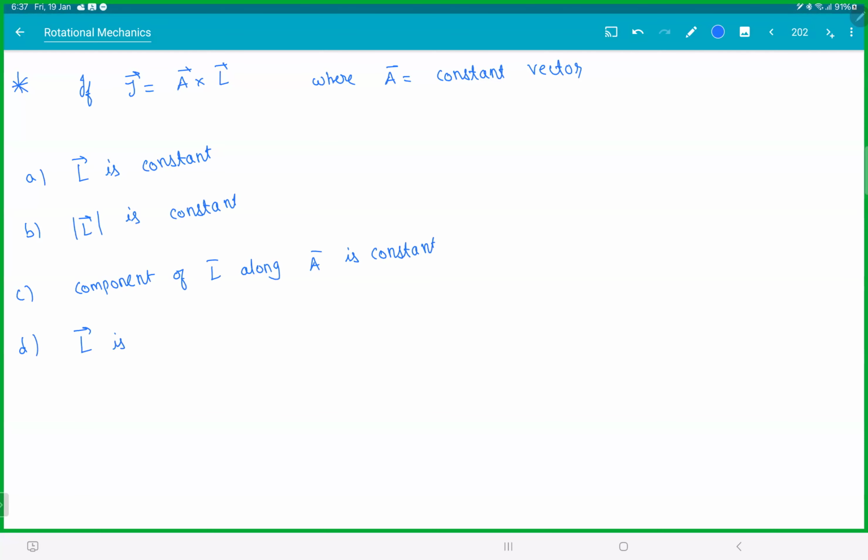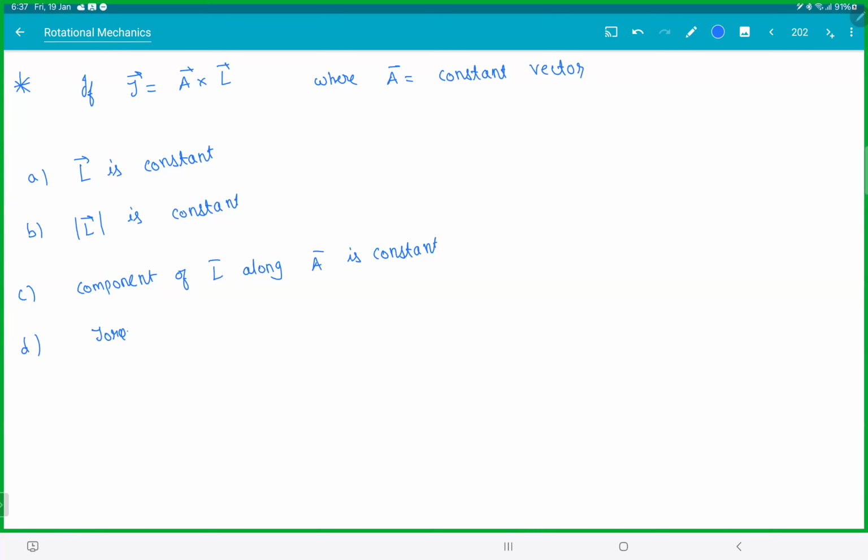Angular momentum, and what else can they ask? Torque is changing. L bar is variable. You can keep asking all that stuff.